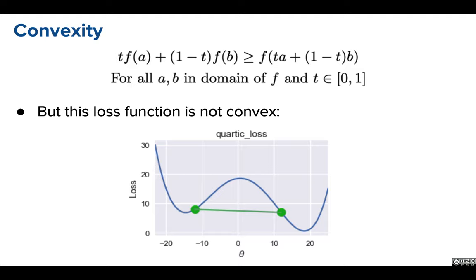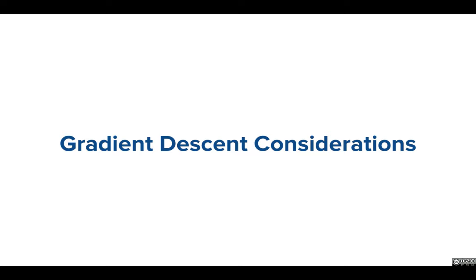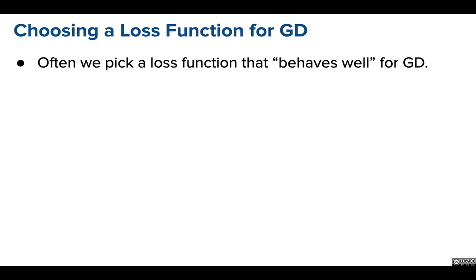So we've gone over the basic gradient descent algorithm, and we've gone over some considerations for gradient descent. One consideration is changing gradient descent to be a stochastic algorithm. The second consideration is convexity. And the third consideration is the loss function that we choose for gradient descent. Oftentimes, we pick a loss function that behaves well for gradient descent.